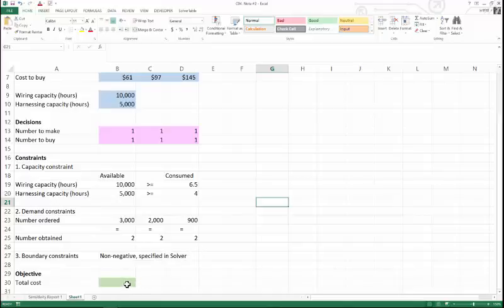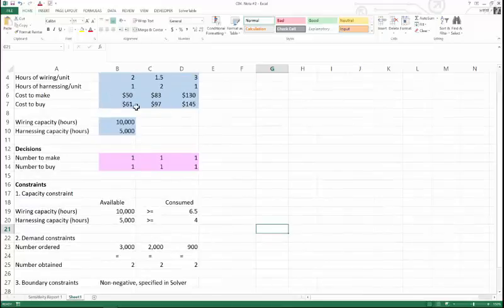Finally, we need to calculate the total cost. So total cost will involve all the changing cells, the cost to make associated with the number to make, and the cost to buy associated with the number to buy. Those are both cost parameters and changing cells.